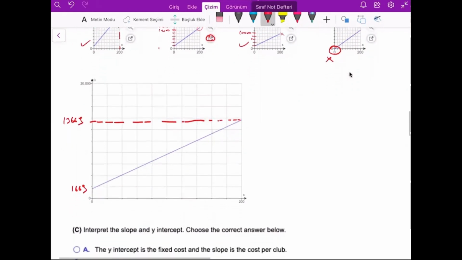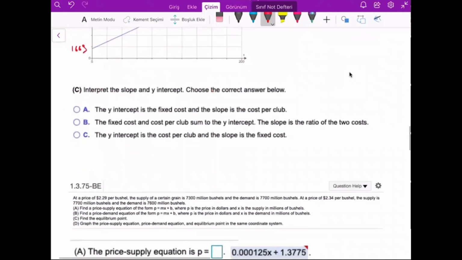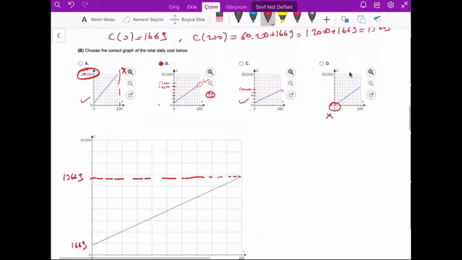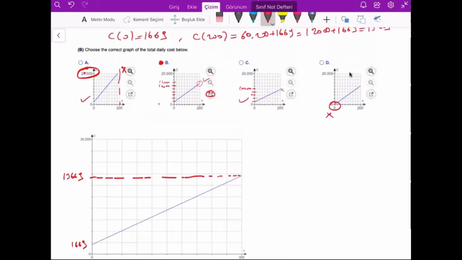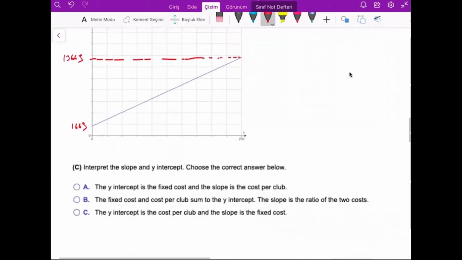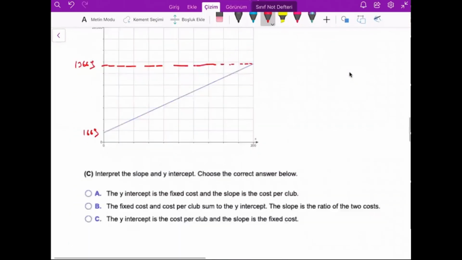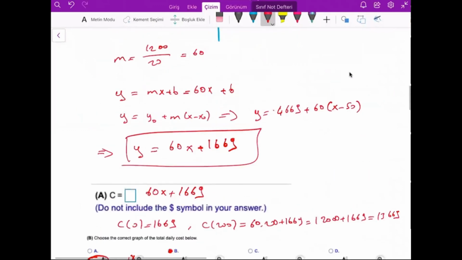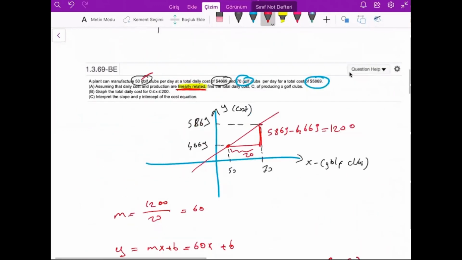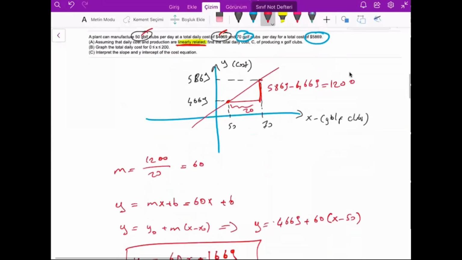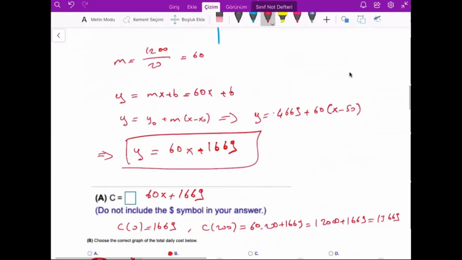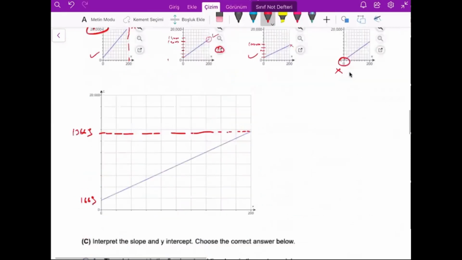So this is the correct answer. Let's look at the parts. Is there a problem with the graph? This is the line. So by observing these 2 points, you can decide. Or another clue can be used. Maybe here we know these 2 values also. When x is 50, y is this value, its cost is this value. If it is easy to observe that value from the graph, you can use this value also, okay?